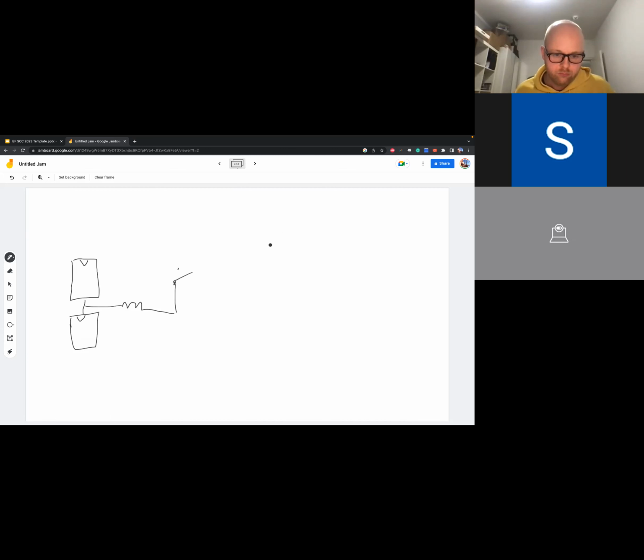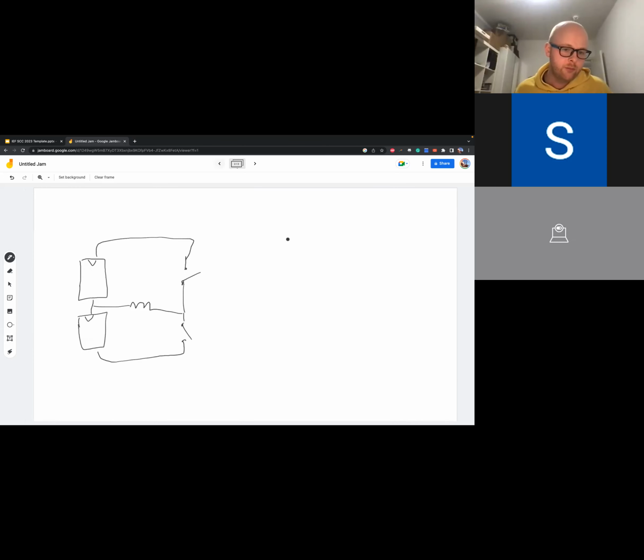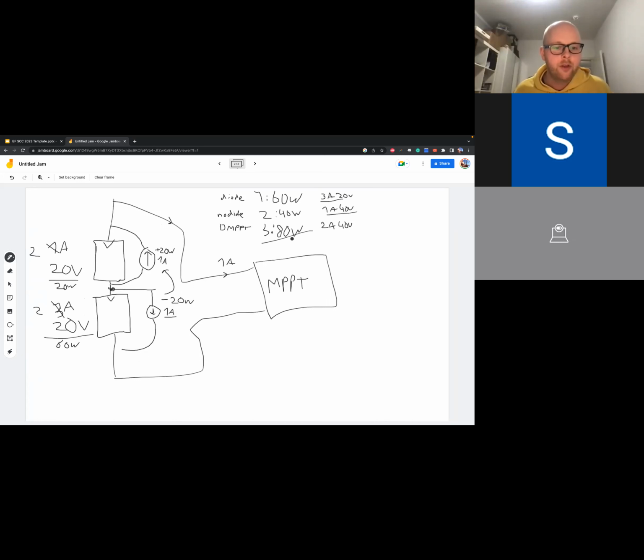Let me just see, we're at 1 amp 20 volt, 2 amp 20 volt. But the important thing is that we steal 1 amp here and then we put it back there. So we steal 2 amp in total from this node, and we put 1 amp back here.